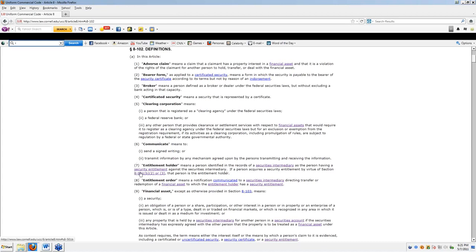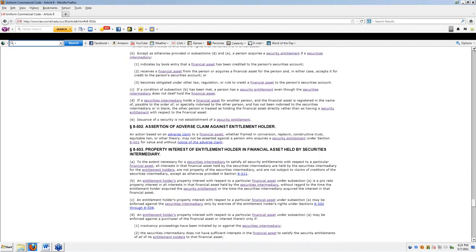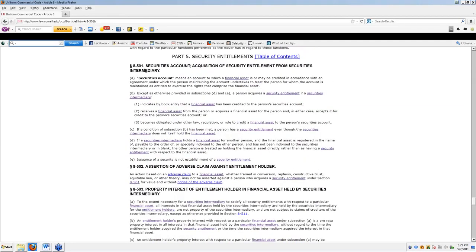Okay, so what does 8-501 say? You got to go up a little bit. 8-501. What does it say? Securities account; acquisition of security entitlement from securities intermediary.